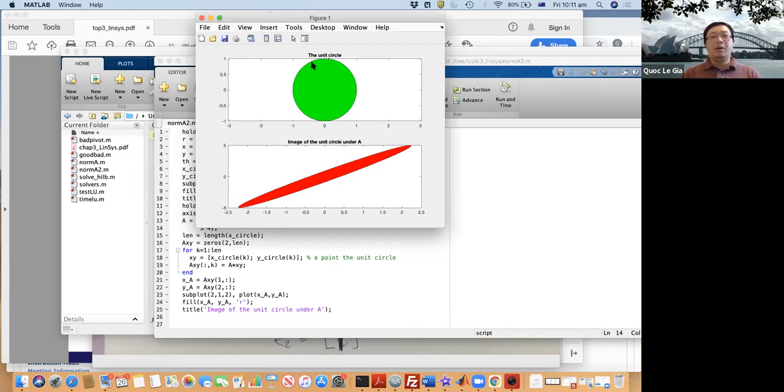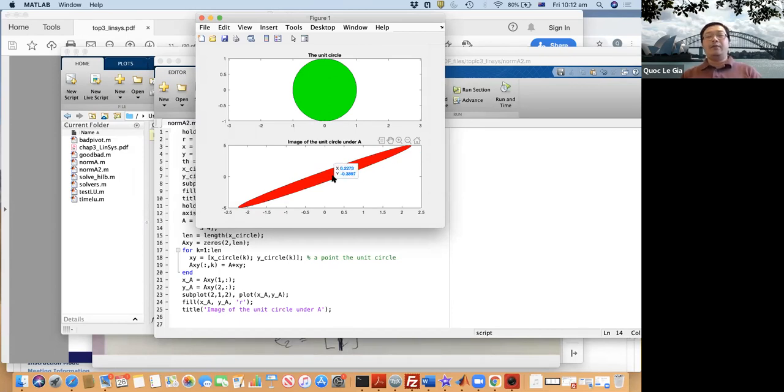So now, what is it going to do with the norm of the matrix? Well, remember we're talking about the unit circle, and you take the map AX. Now you just take the radius of the image. The biggest radius is the norm of the matrix.